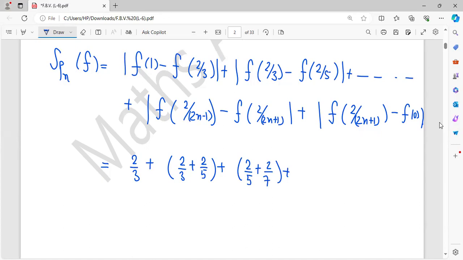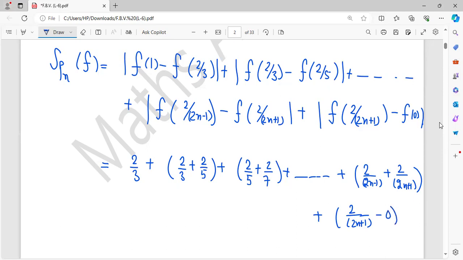Continuing in this way, you will get 2/(2n-1) + 2/(2n+1), and the last will be 2/(2n+1), and since f at 0 is 0, that term is 0.